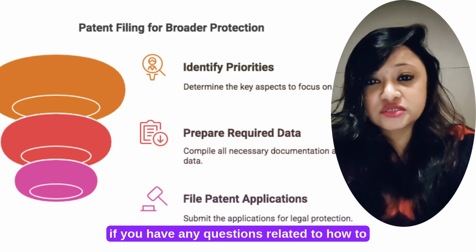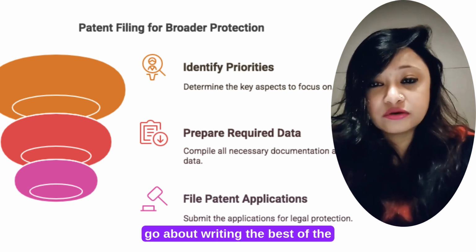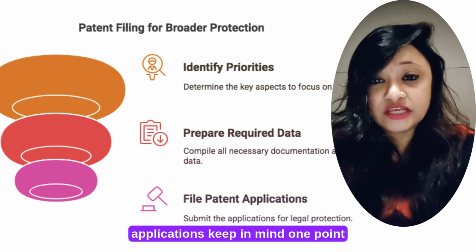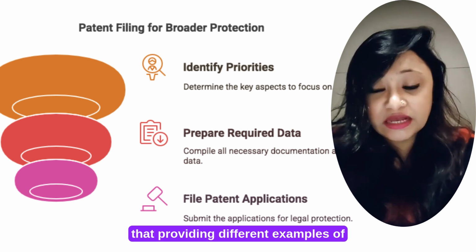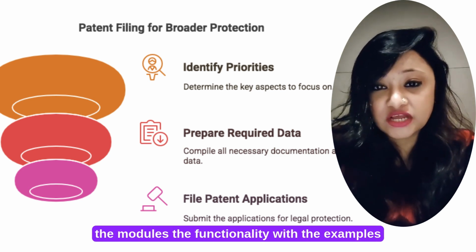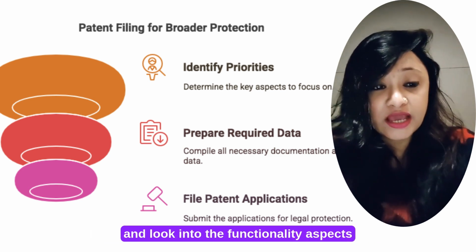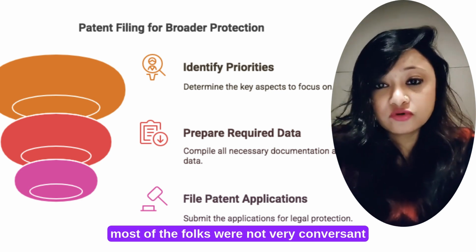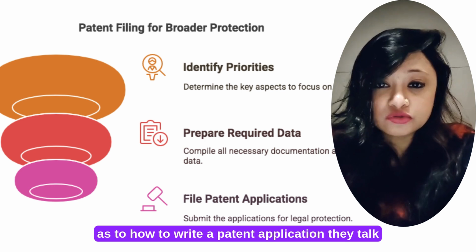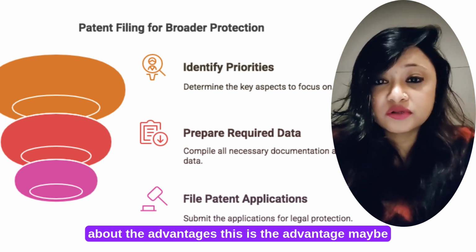If you have any questions related to how to go about writing the best of the applications, keep in mind one point: provide different examples of the modules, the functionality with the examples, and look into the functionality aspect of the invention. Most of the folks who are not very conversant as to how to write a patent application talk about the advantages.